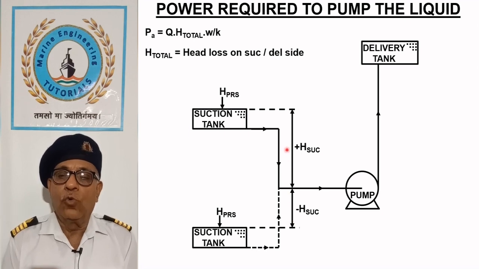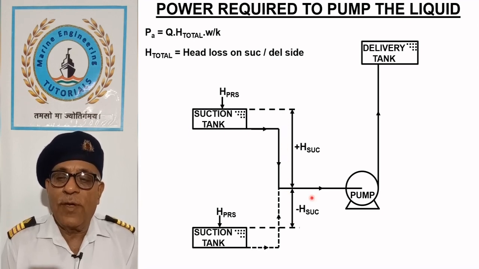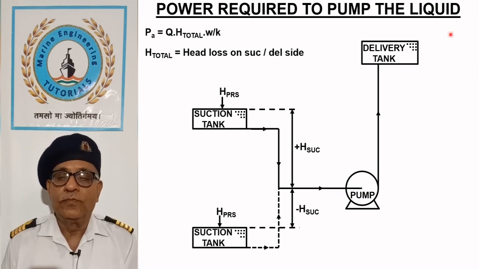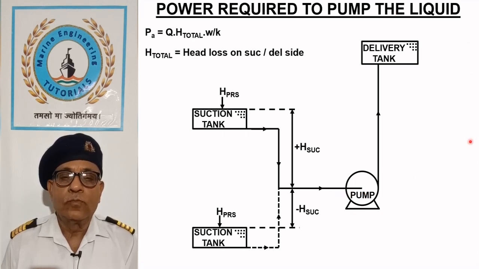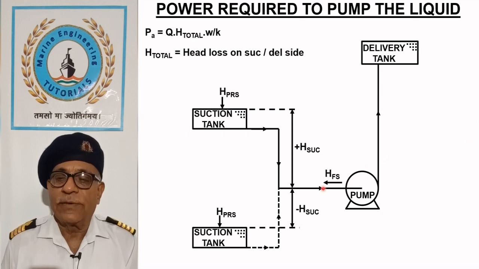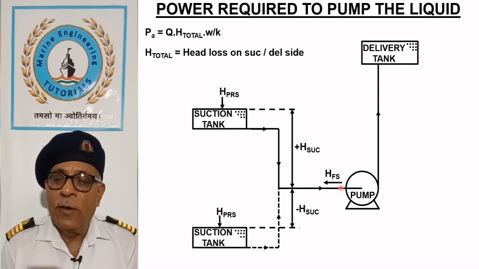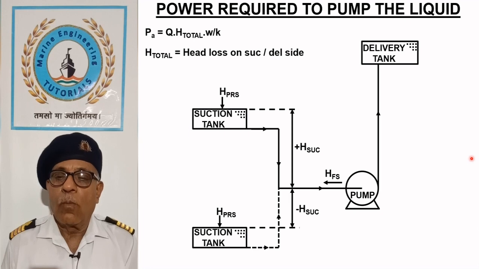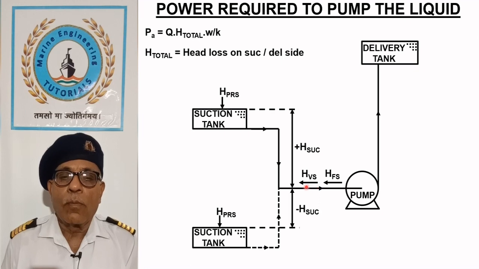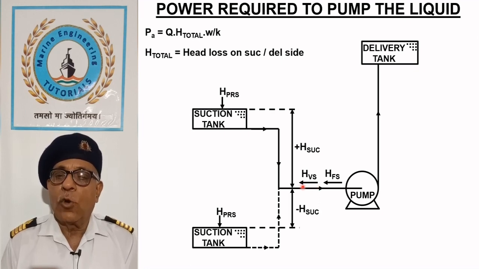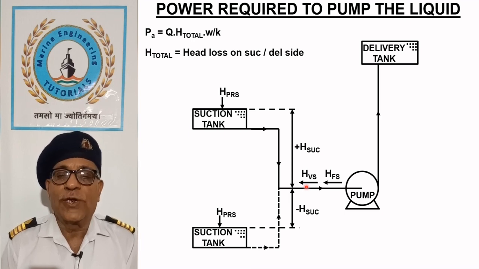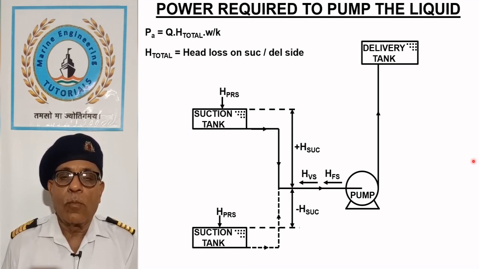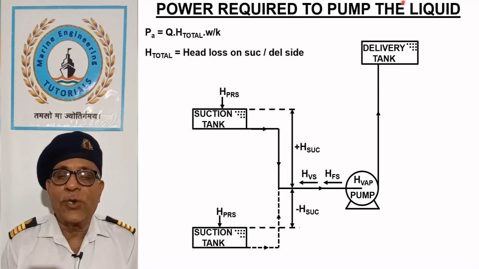H suction is equal to vertical distance of liquid surface from the pump. HFS is equal to loss of head on suction due to frictional resistance. HVS is the loss of head on suction due to velocity. HVAP is the loss of head due to vapor pressure.